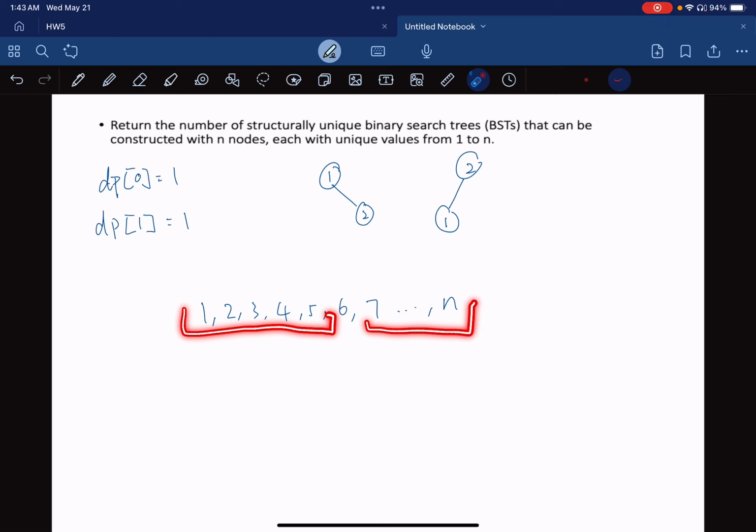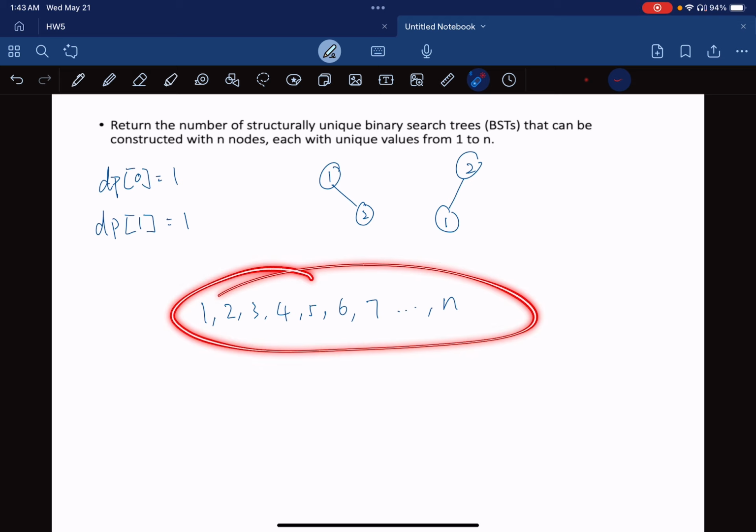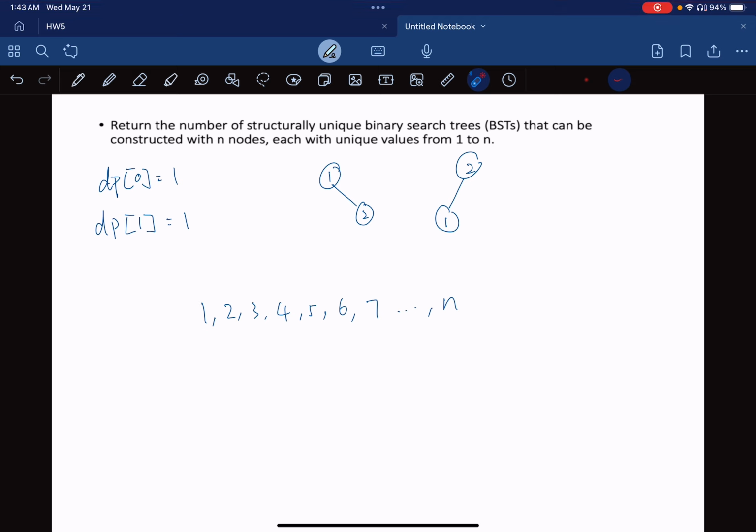The way we do that is we build it from smaller up. When we want to find the answer for n, we always already know how many possibilities of BSTs there are when there are n minus 1 nodes or fewer.